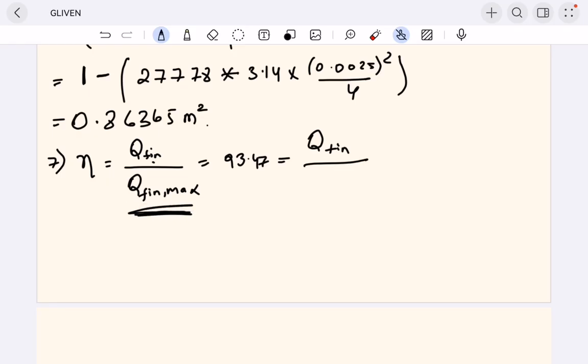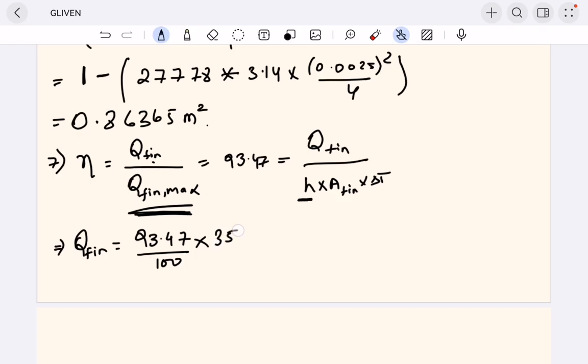How do I calculate the heat? It is convection. So h times area of the fin times delta T. Q fin is equal to efficiency, that is 93.47 divided by 100, times h, which is given to me, it's 35, times the area I have calculated, 6.68, times delta T, which is 100, the plate temperature minus the room temperature 30.